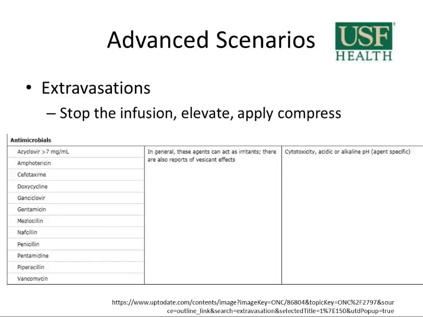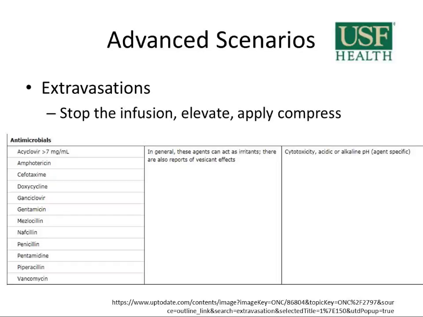Another sort of situation that we might encounter is what happens if your antibiotic infiltrates into the IV. In most situations, antibiotics are considered irritants rather than vesicants. And you can generally elevate the limb, put some cold compresses on, warm compresses, and it'll go away after a period of time.